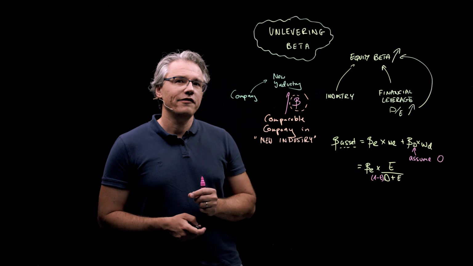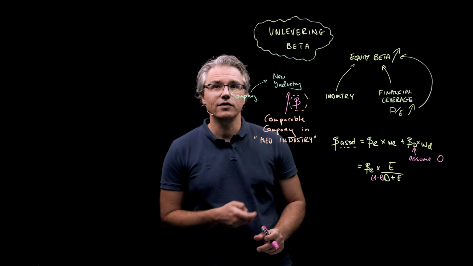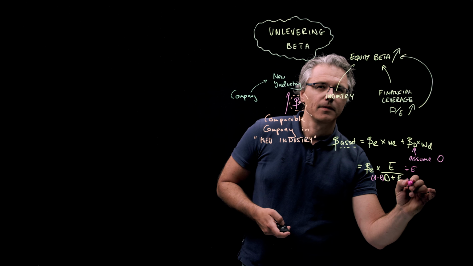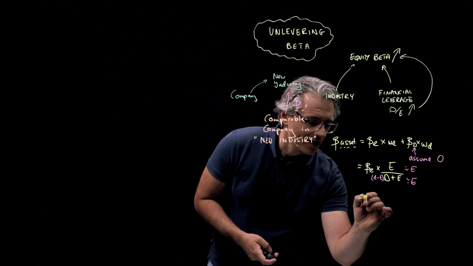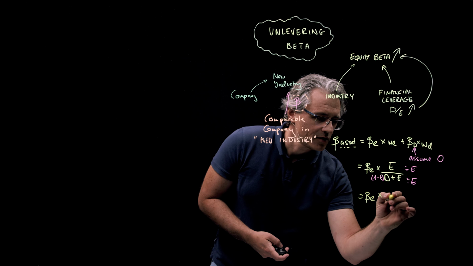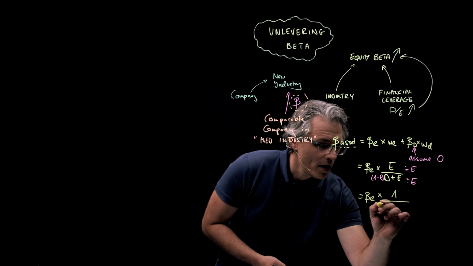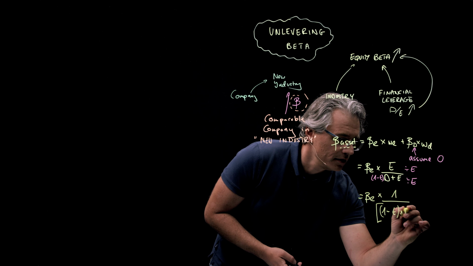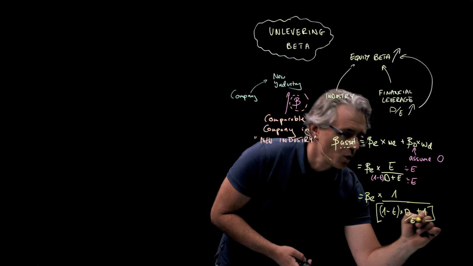Now let's divide both the numerator and denominator of this fraction by E. And so we arrive at beta equity times 1 divided by 1 minus t times D over E plus 1.